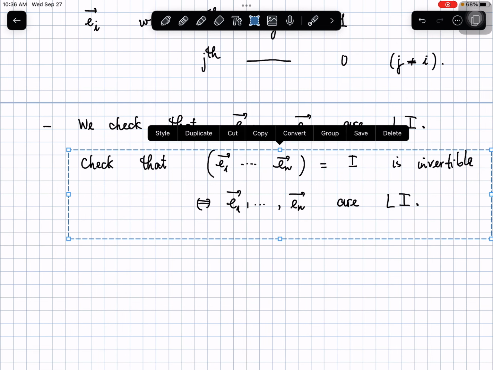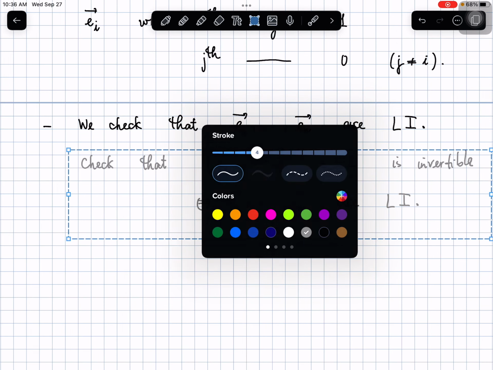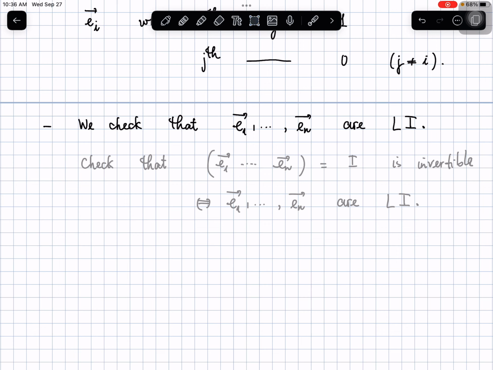and this is equivalent to this set being linearly independent. Okay, so here's the way. And the second step, we need to check that the vectors E1 to En span the whole vector space.